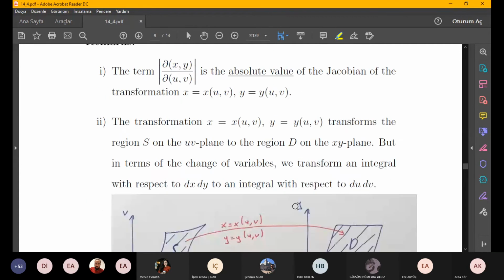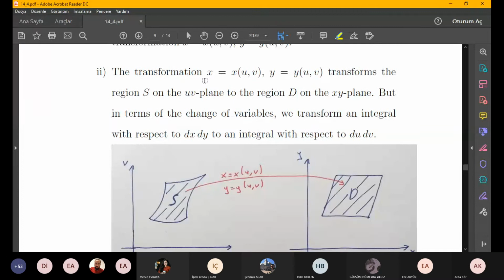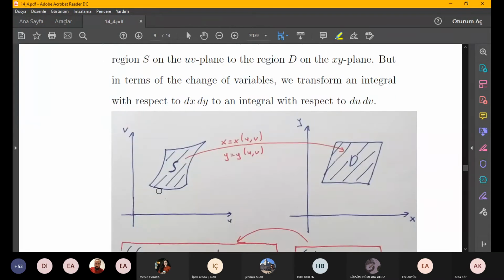So, okay, the term here we have is the absolute value of the Jacobian. The transformation x equals x(u,v), y equals y(u,v) transforms the region S that you can see here on the uv plane to the region D on the xy plane.